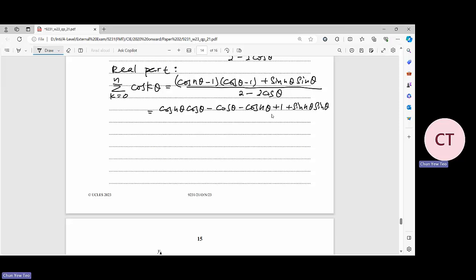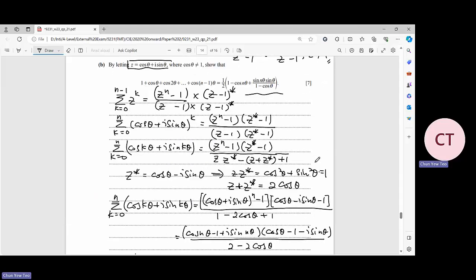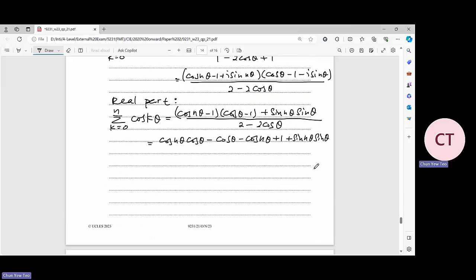Actually I do not need to do it like this. All I need to do is just factorize the 2 out. Over here you need to have very good observation of the answer you have and what the question wants.